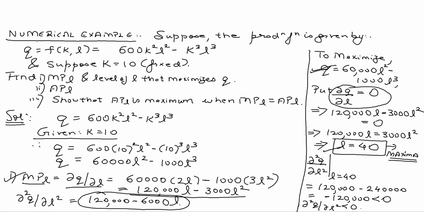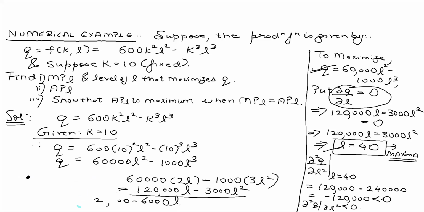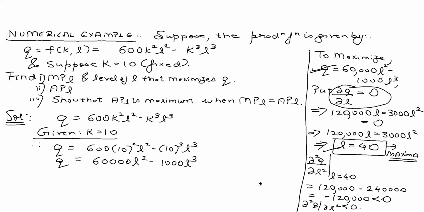Now the question asks us to find APL. So how do we find APL? Erasing the initial part now. Let's look at how to find APL. So APL, this is part 2.